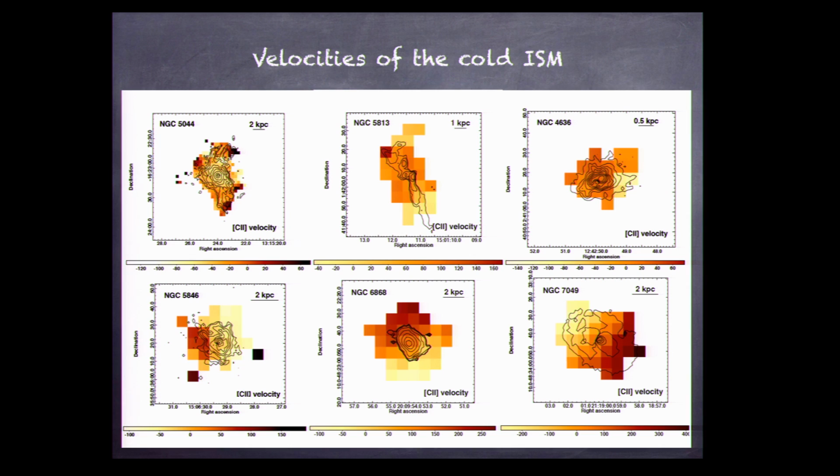But interestingly, when you look at the velocity distribution, it's always the same when you look at H alpha or near infrared, which traces 1000 Kelvin gas, and C2. In 2 of our systems, we see actually that the cold gas forms rotating disks.